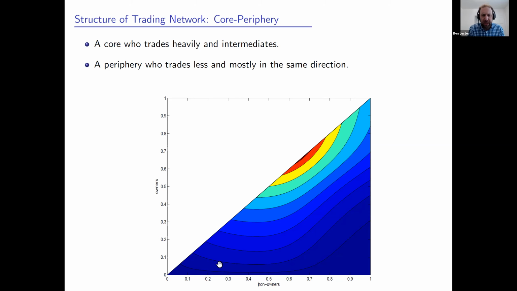You might think heterogeneity in inventory capacity, meeting speed, different types of preferences, risk aversion, all sorts of stuff is important for generating a core-periphery network structure. One of the nice things in this model is that we throw all that out. There's still this incredible force towards generating a core-periphery trading network just from this basic form of heterogeneity in preferences.